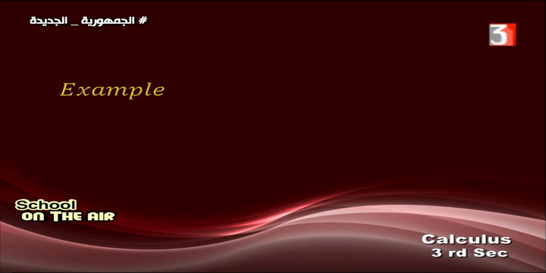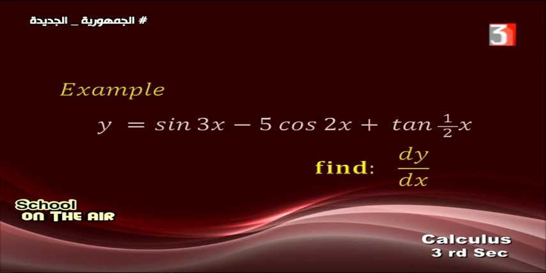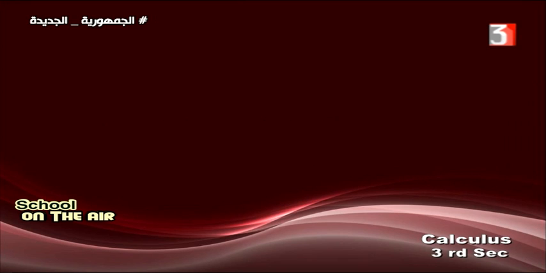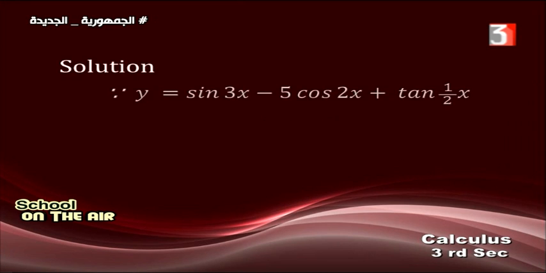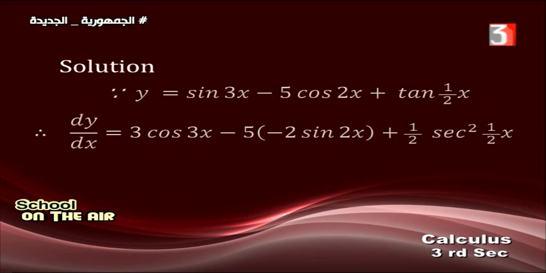Another example. If y equals sine 3x minus 5 cosine 2x plus tan half x, find dy/dx. We have trigonometric functions. Then dy/dx equals, what is the derivative of sine 3x?